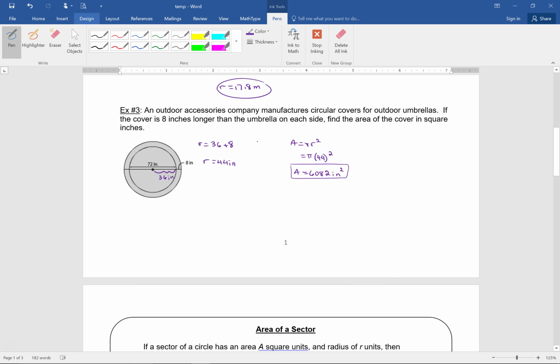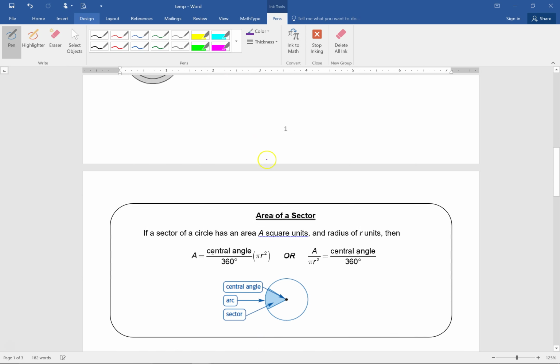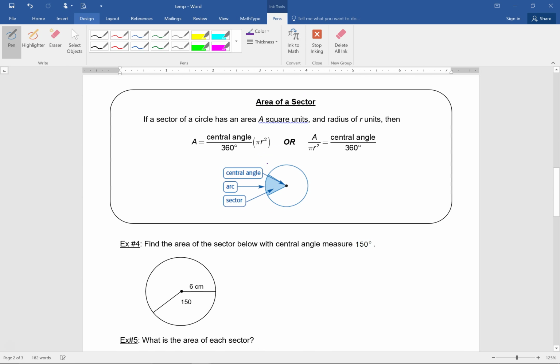Now, let's talk about areas of sectors. We talked about central angles, and we talked about how the central angle intercepts a certain arc, right? That was this.